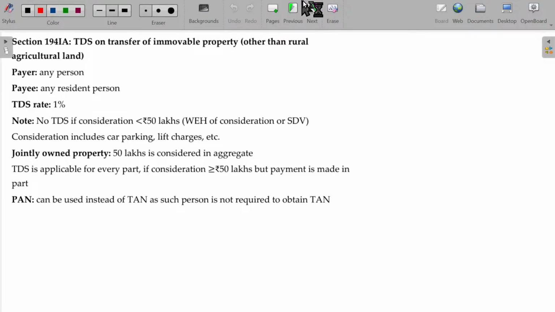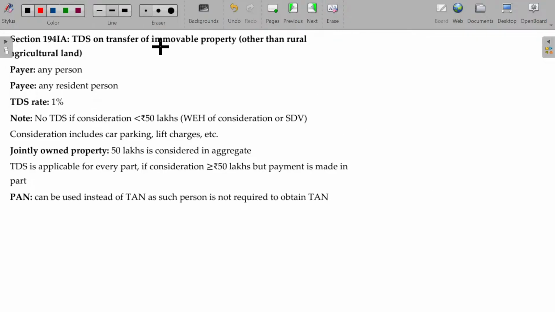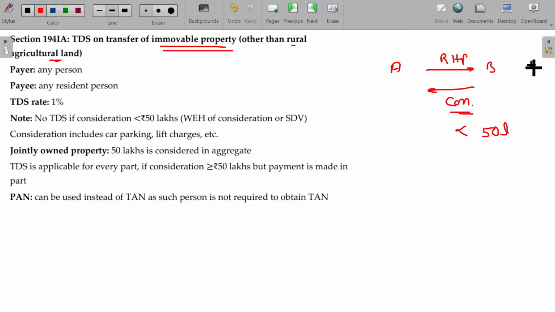Then, immovable property case, not being rural agricultural land. A transfers his residence house property to B. For that, B gives the consideration. If the consideration is less than 50 lakhs, TDS is not applicable.